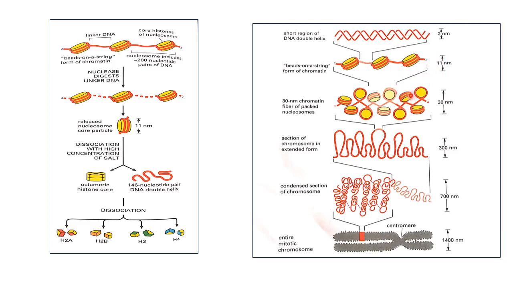And here, at the second level of organization, these chromatin fibers are arranged one over another and form a 30 nanometer thick fiber.